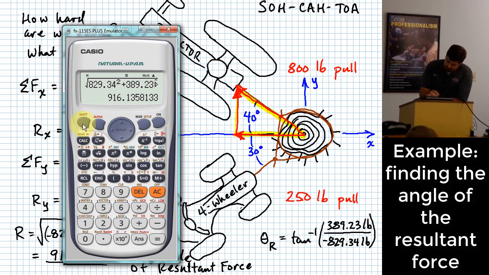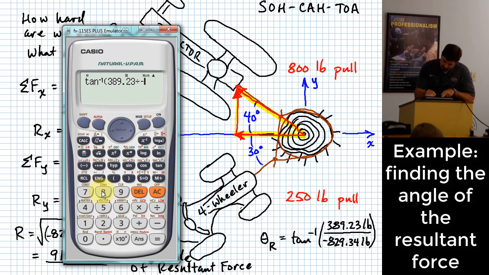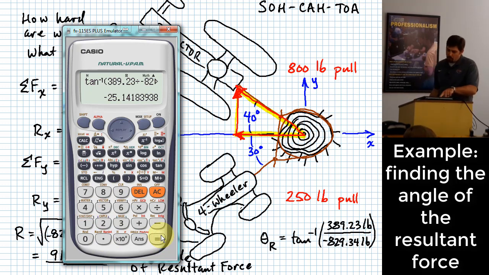So I take an inverse tangent of 389.23 over a negative 829.34, which gives me negative 25.14.